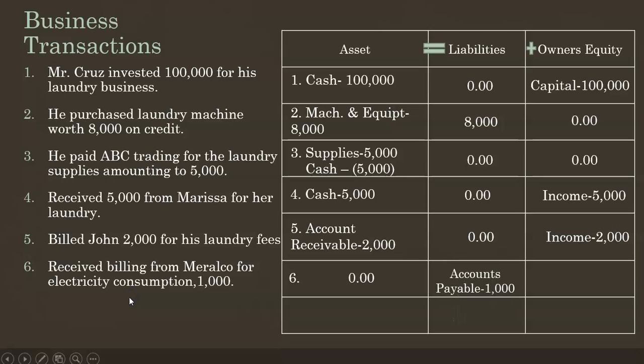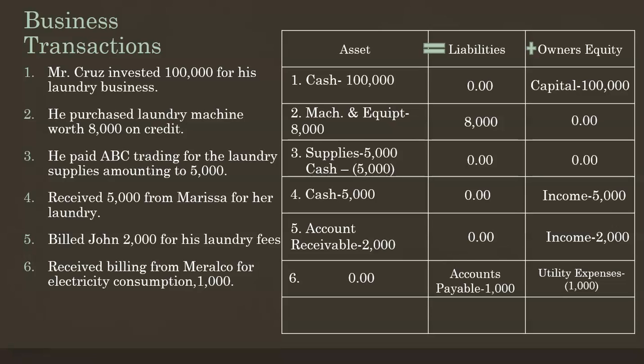You have accounts payable, because you received a billing from Meralco. And what is the contra account of the accounts payable? Yes, utility expenses of 1,000 pesos.